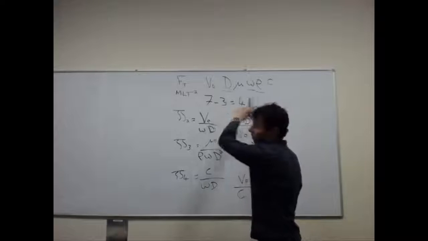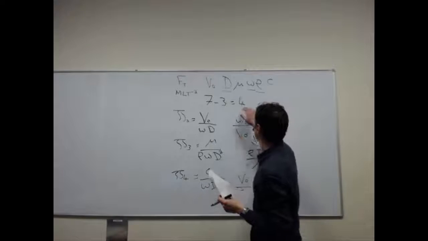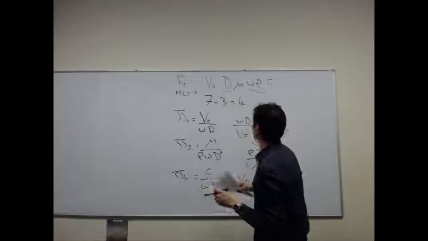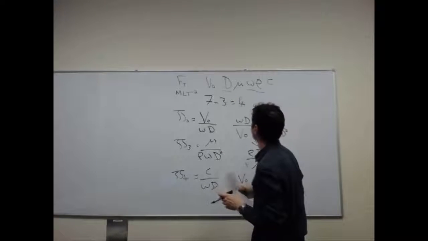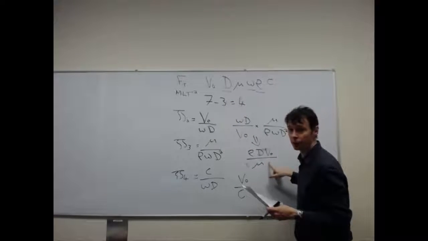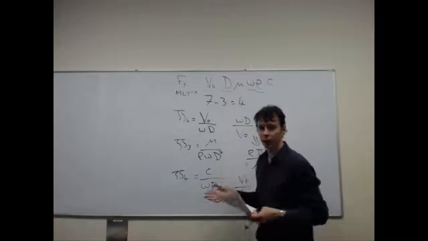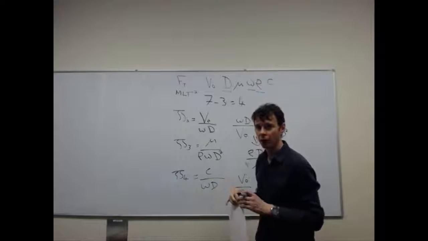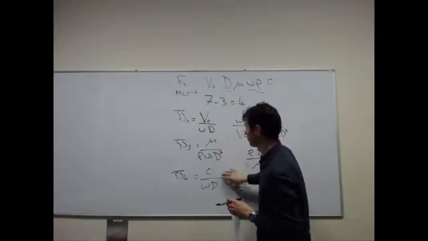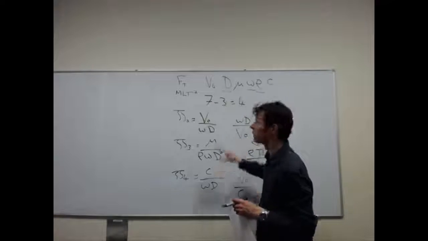If you do this a slightly different way and choose different repeating variables, then sometimes you end up with these straight away. So there are different routes through. There's no real incorrect way of choosing which variables to fix and which to repeat, but you will get different dimensionless groups if you do it a different way.